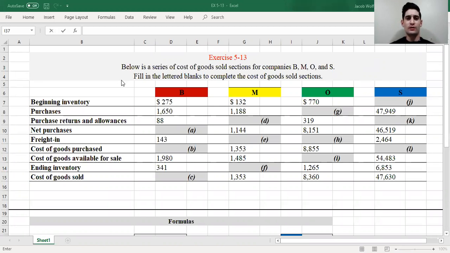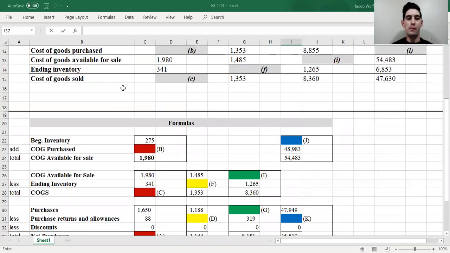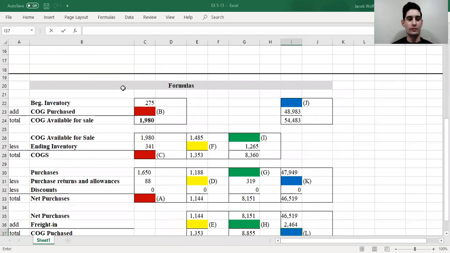As I was going through the textbook, I looked up the text where it talks about these cost of goods sold sections, and I comprised some formulas that helped me solve each one of these. You can look at the different ratios and ways of getting each value, and you can use basically just algebra to solve it. If we go down a little bit, I've got these formulas here.